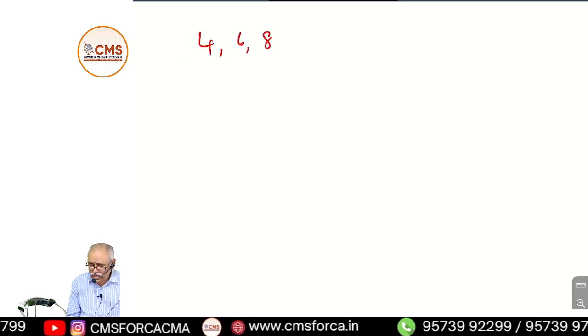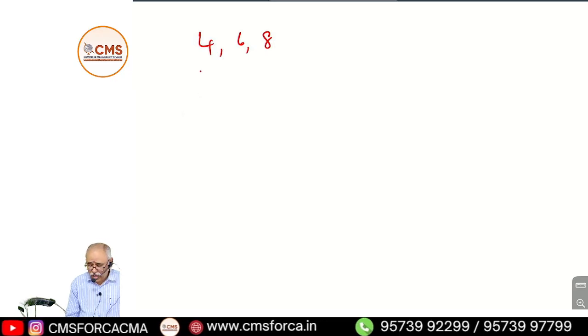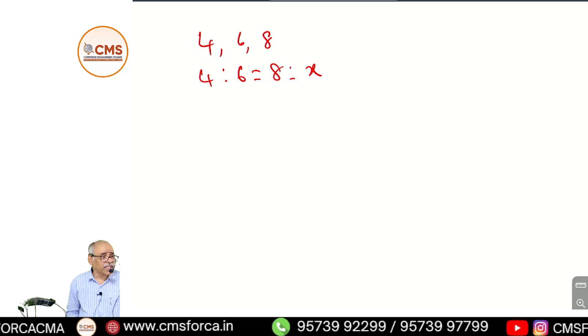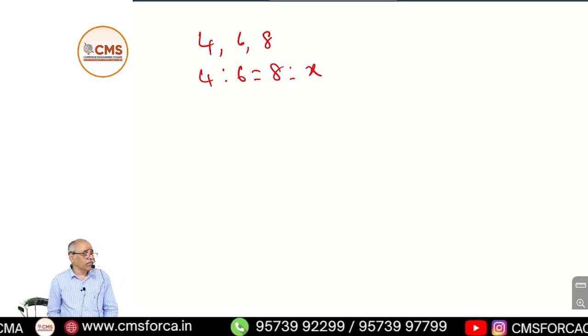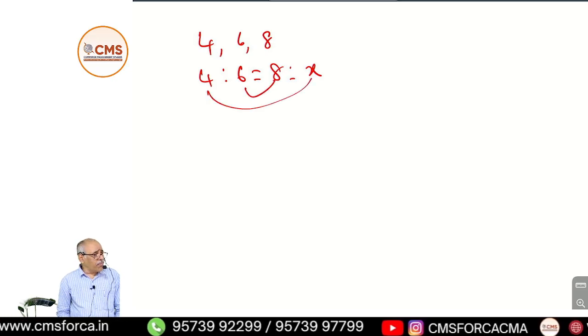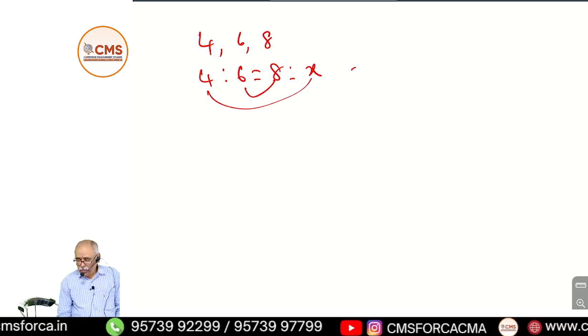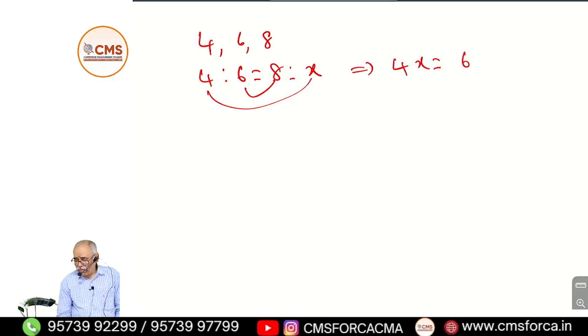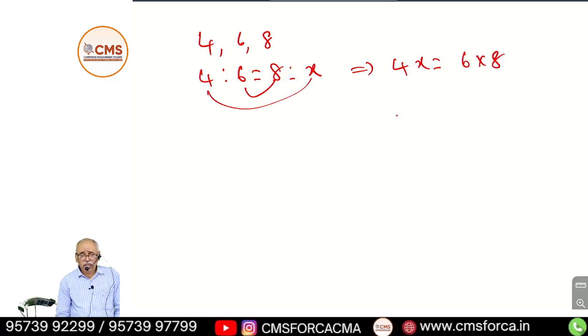See, once again I will write the fourth proportional of 4, 6, 8. Mathematically, how will you write? 4 is to 6 is equal to 8 is to x, say fourth proportional x. The product of extreme terms is equal to the product of means. That means 4x is equal to the product of middle terms, which is 6 into 8.